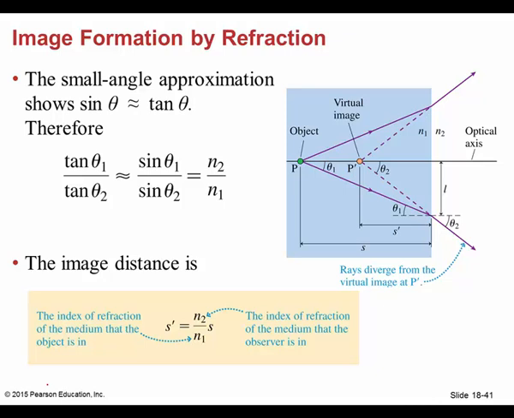We can look at it through small angle approximations, where sine theta is approximately equal to tangent theta, and so we can find the image distance if we know the what? The indices of refraction and the object distance. So there's another equation. Now let me say this. Do the image and object distances have to be in meters? No, they do not.